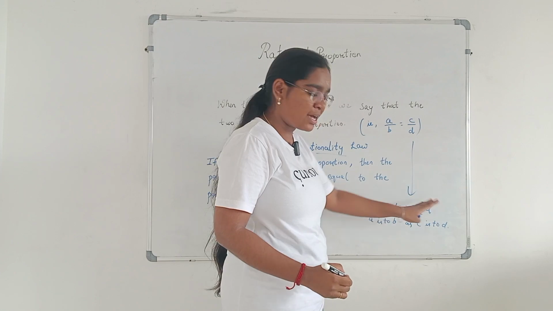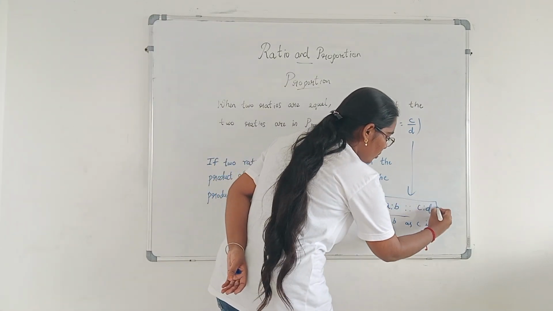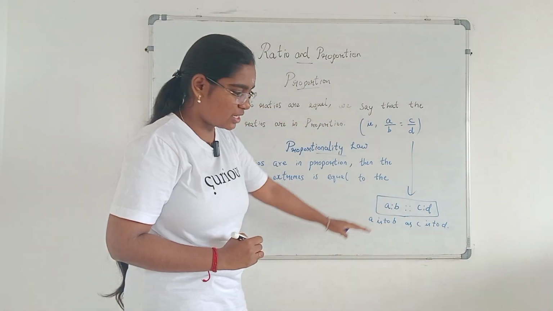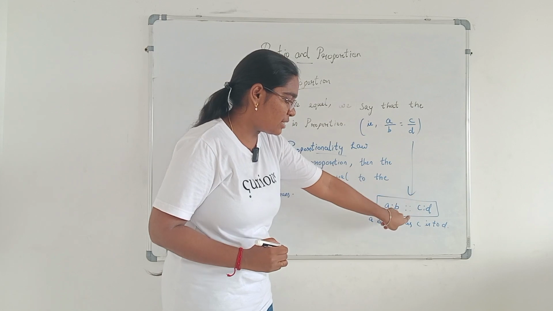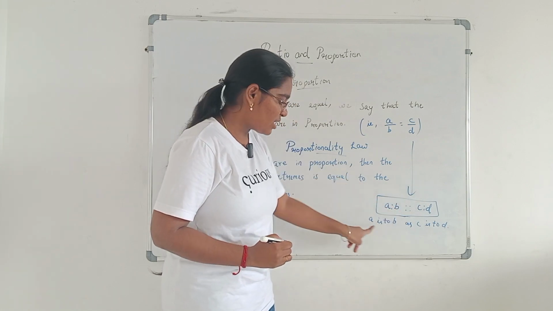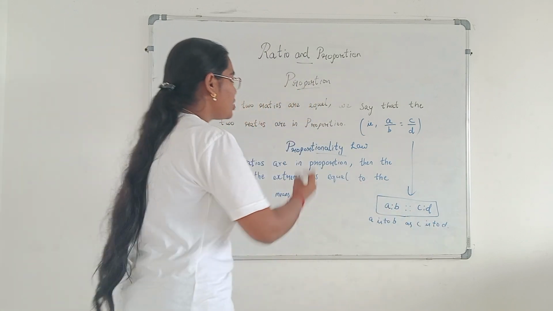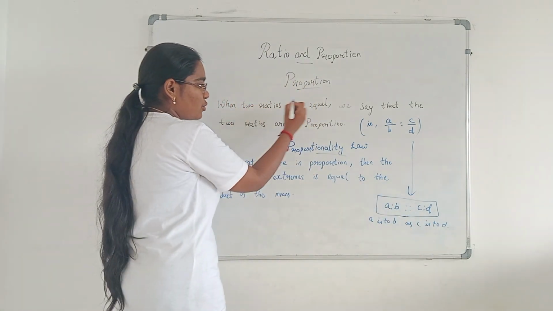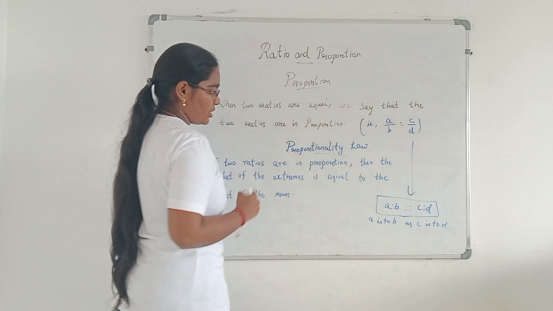These two ratios are equal. This is how we denote, by this symbol, that two ratios are in proportion. A is to B as C is to D. So proportion means when two ratios are equal, we say that the two ratios are in proportion.